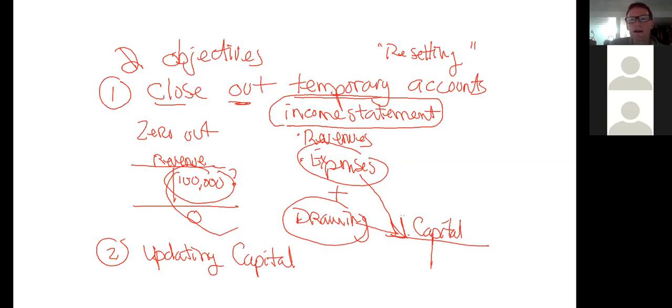So let me go back. Let me clear this. One more illustration, and then we'll get to the problem. Just to recap, here's my visual. We all know now what a journal is. This is where you record.